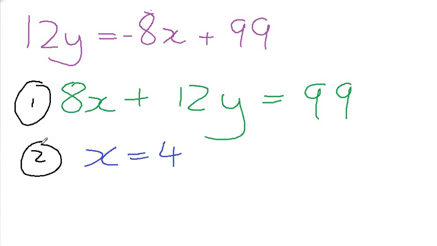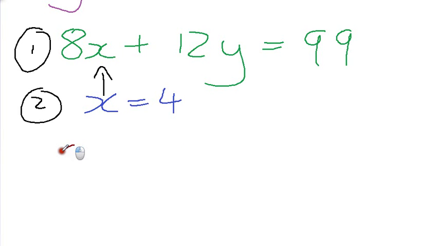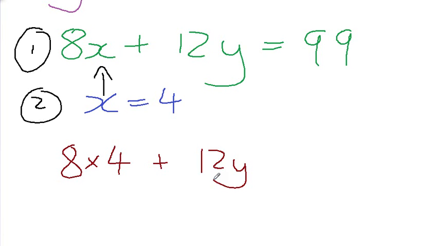So actually let's put x equals 4 into there. So you can do this however you want. I mean, I just think this is the easiest way. Maybe you have an easier one, but let's go 8 times 4 because x is 4, plus 12y is equal to 99. So then we can find out what y is, then we can find what x is, and we have our coordinates.